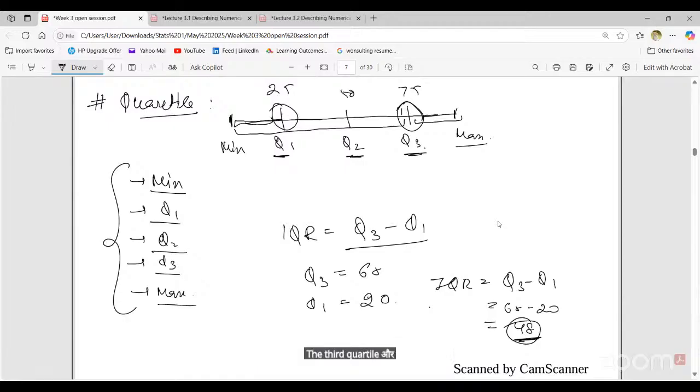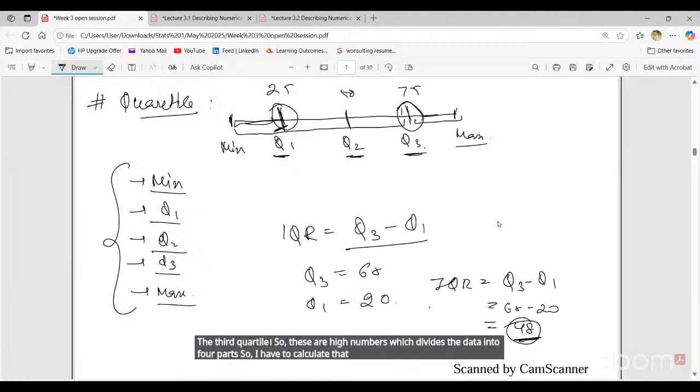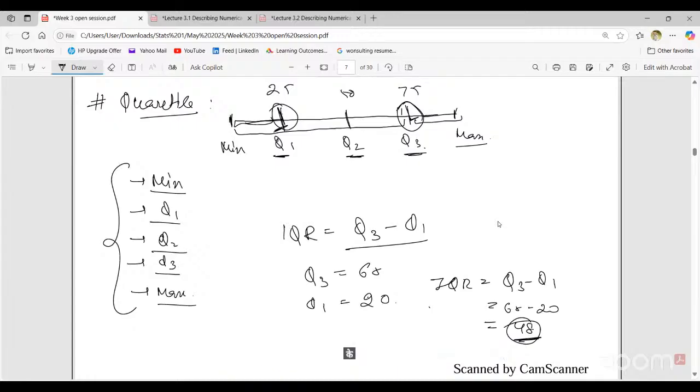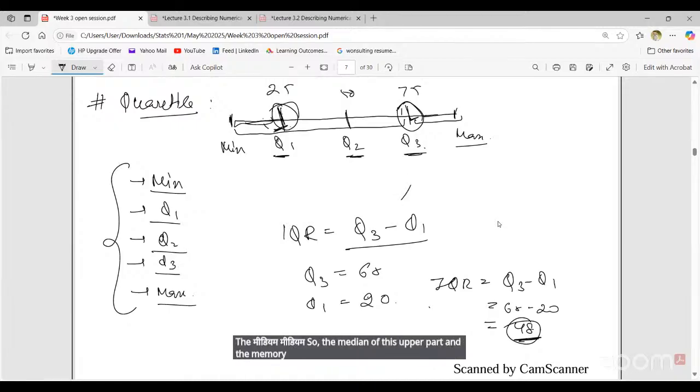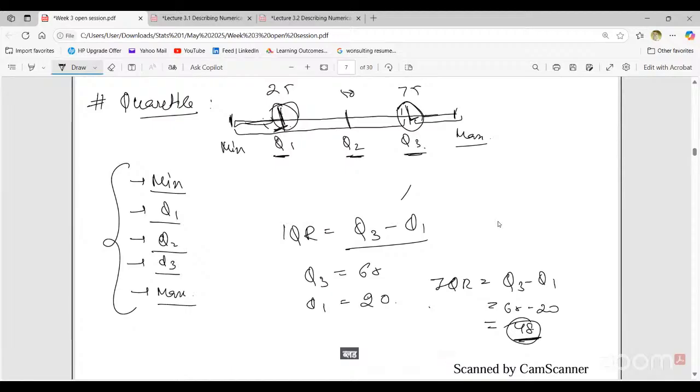These are the numbers which divide the data into 4 parts, so I have to calculate those numbers. We can say that Q1 and Q3 are the median of the lower half and the median of the upper half.